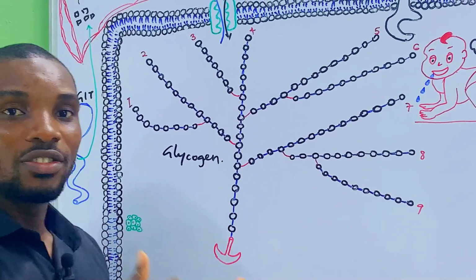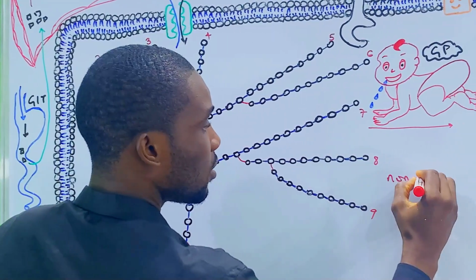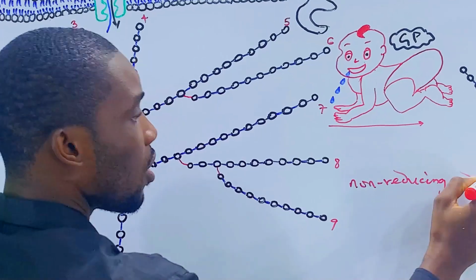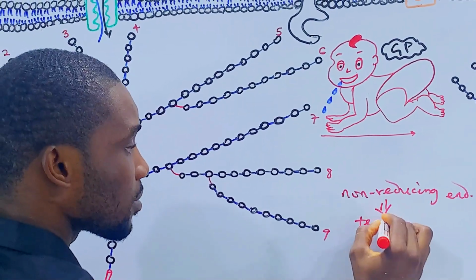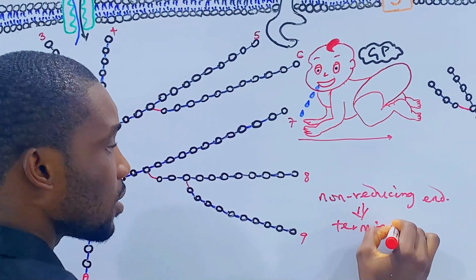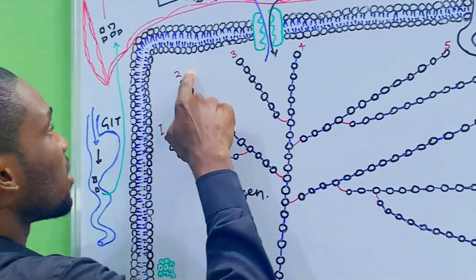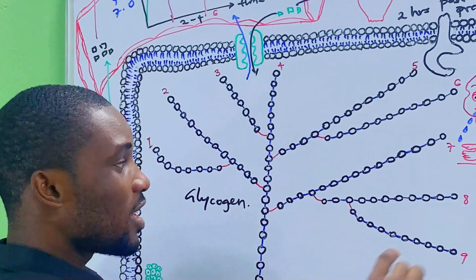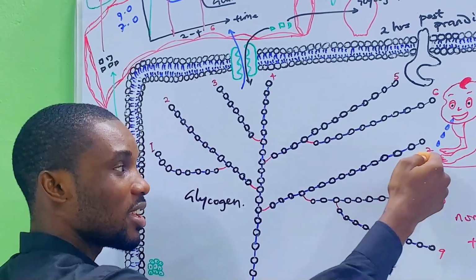And the non-reducing end of each chain is the terminal end. So the terminal end is the non-reducing end. So these are the non-reducing ends over here. So baby GP loves to eat glucose from the terminal ends or from the non-reducing ends down.